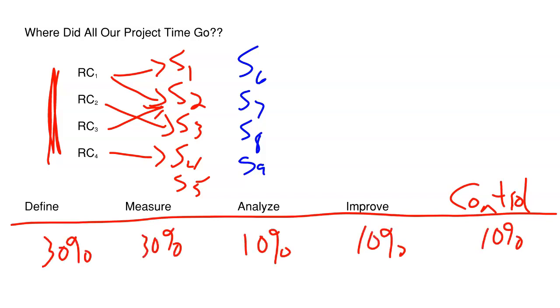The problem that I see most frequently with benchmarking and best practice tours, which is typically one of the tools we look at in the improve phase to add to our solution list, is that the team has used up all of its time. They've used the 30-30-10-10-10, but gone a little bit long in maybe define and measure and heck, probably analyze as well.